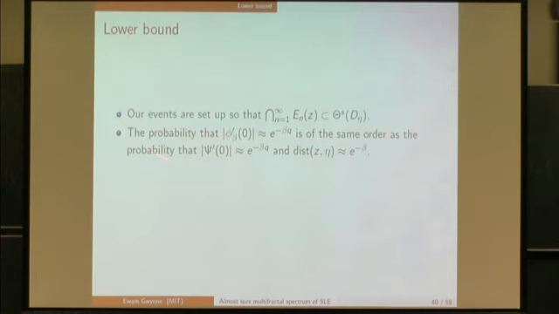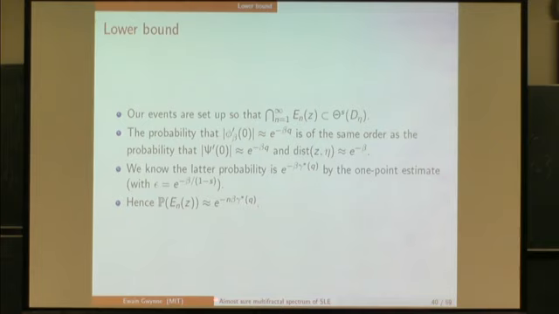And then one can argue that the probability that this map phi beta is of order e to the negative beta q will be of approximately the same order as the probability that the map psi that we used in the upper bound in the 1-point estimate is of order e to the negative beta q, and the distance from z to eta is of order e to the negative beta. And we know that probability by our 1-point estimate.